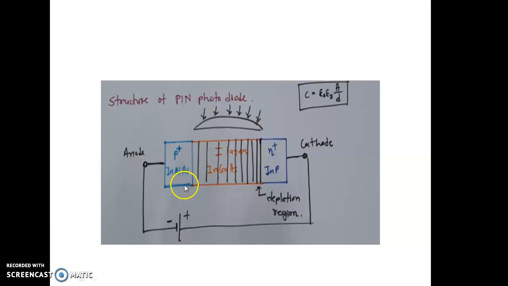Okay. So this is under reverse bias: P plus is connected to the negative, and N plus is connected to the positive of the battery. So this is under reverse bias condition. What happens is that the minority charge carriers will be increased, and the depletion layer starts increasing.